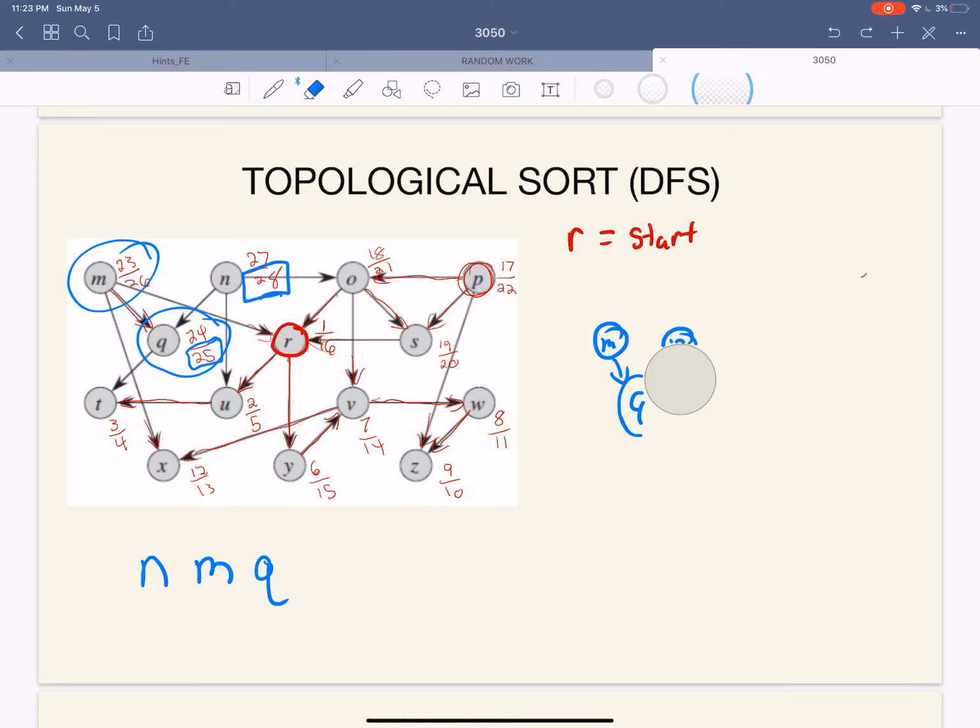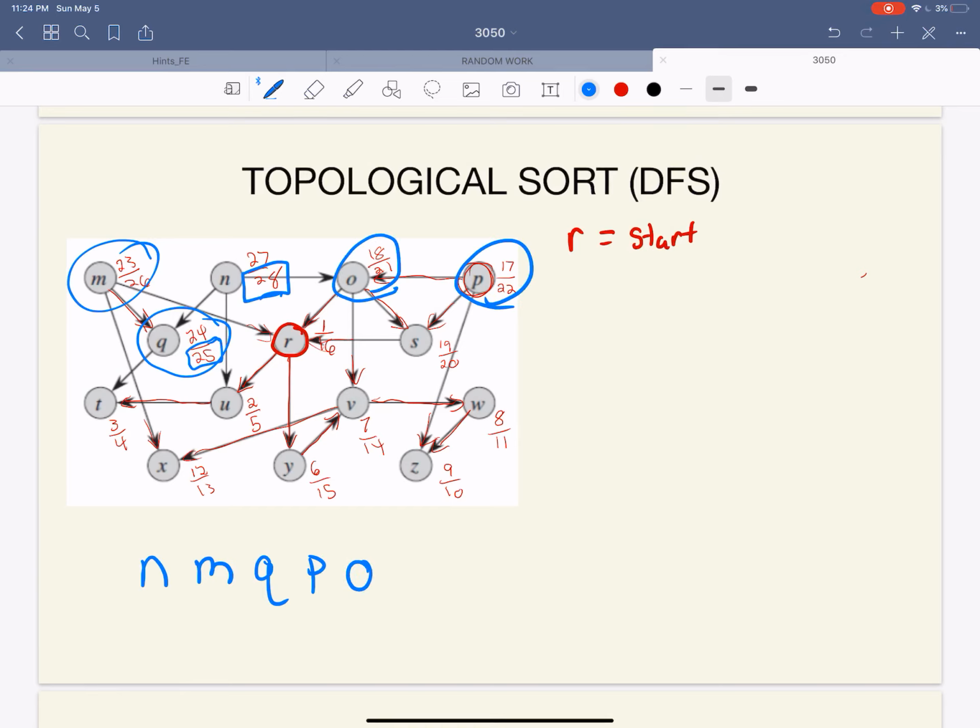Okay, so to finish this up here, we're going to look for the next one, which is going to be, we ended at 25, so the next biggest denominator is going to be P, right here, and then it looks like it's going to be O, and then from there we're going to go to 20, so S. And then from 20, it looks like our next biggest one is going to be 16, so R. And then it looks like we have Y. So 15 denominator, so Y right here.